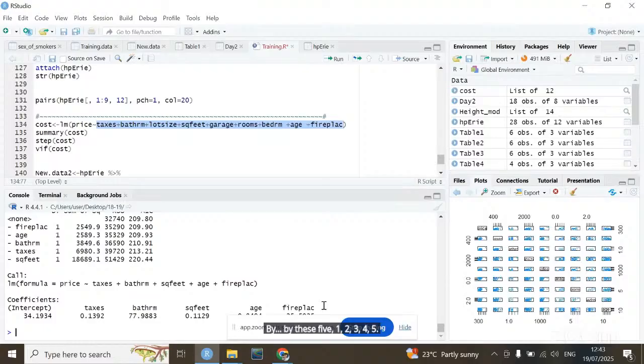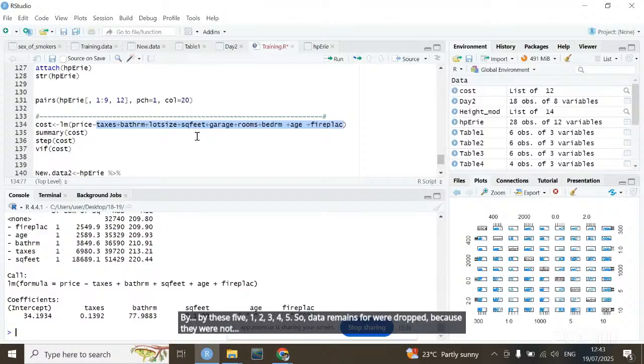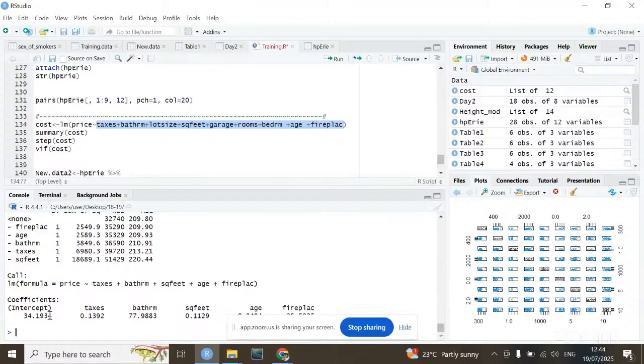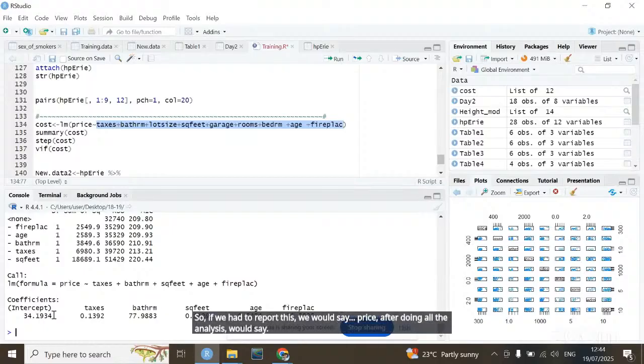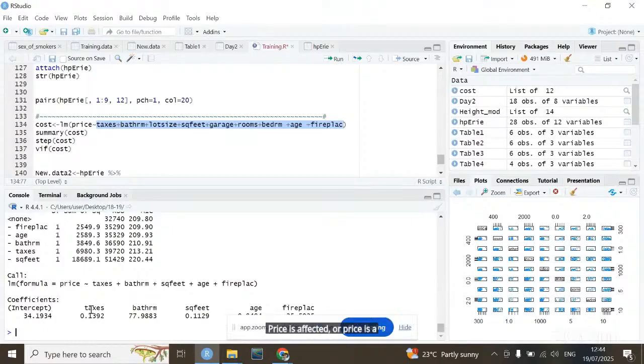The other remaining 4 were dropped because they were not much affecting the price. So if we have to report this, after doing all the analysis, we would say price is a function of tax, bathroom, square feet, age, and fireplace.